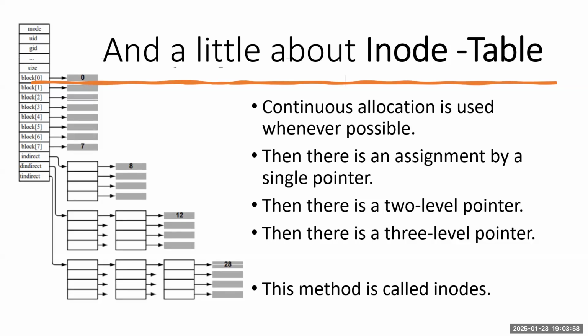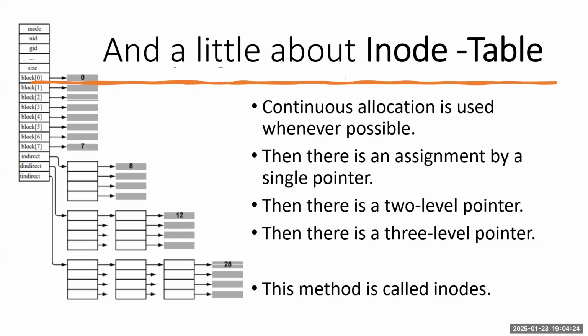Double indirect means that it goes to a block, but this set of 4 is not going to point to an actual block. It's not gonna point to 4 blocks because that would be too little. It's gonna point to 16 blocks, because it's gonna point to this one, which itself points to 4 blocks. And this one points to another one like this, so that's another 16.